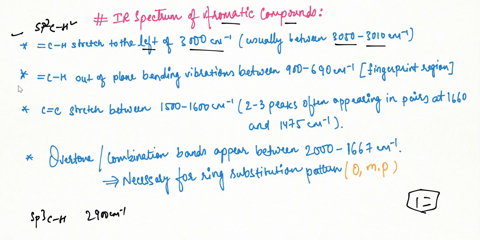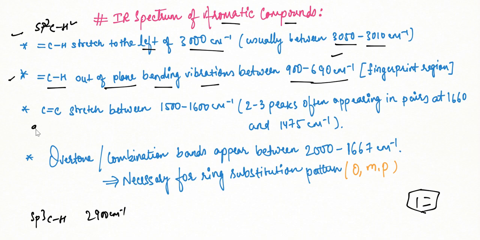Now what about the fingerprint region? The carbon-hydrogen out-of-plane bending vibrations occur between 900 and 690 cm⁻¹. This is in the fingerprint region. We had also talked about the alkene system, which was very similar to this, both the stretching and the bending vibrations.